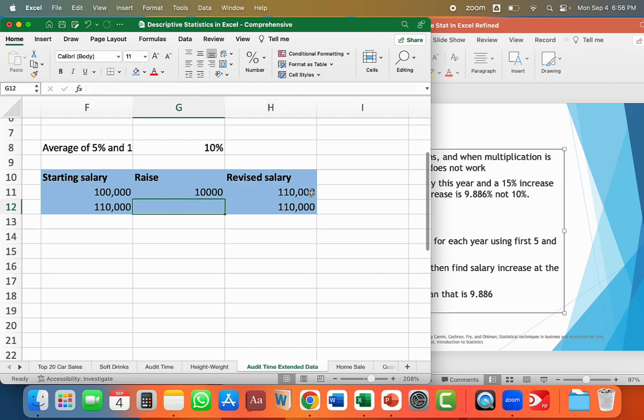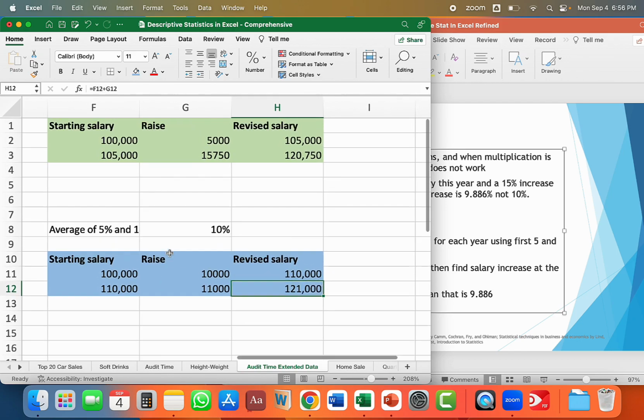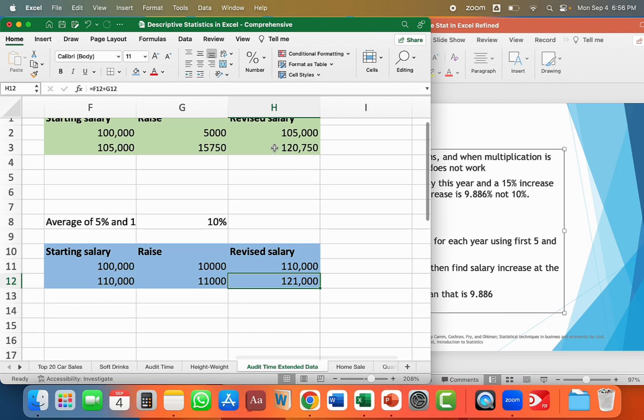Okay, and this 110,000 becomes your starting salary for the second year, and then again you have the same raise, that's 10%, so this multiplied by 10%, and then at the end of the second year your salary should be 121,000 according to the arithmetic mean, but we know that your actual salary was 120,750, which is different from here. So one of them is wrong. Of course, this arithmetic mean is wrong.